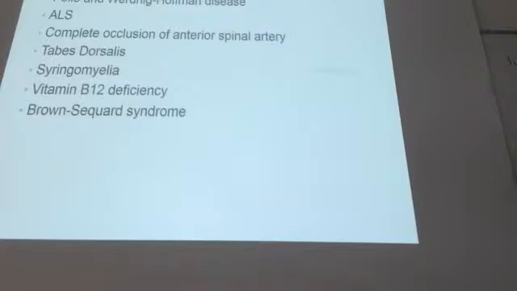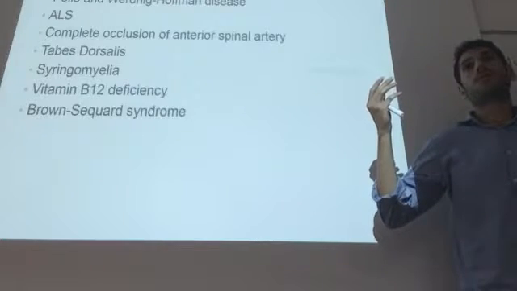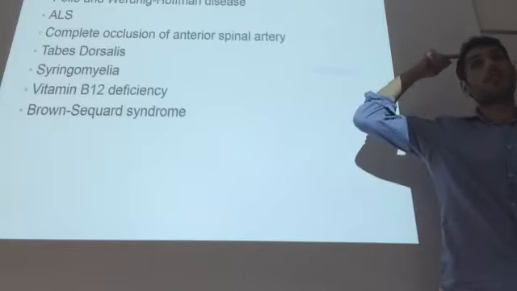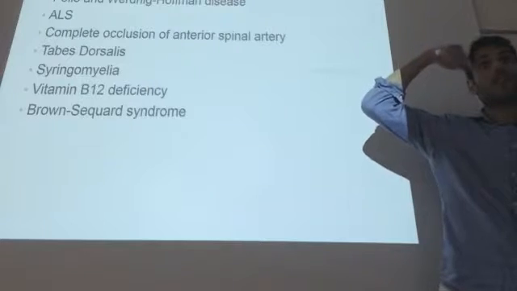Could you explain one more time why white and gray are upper and lower? Sure. Where does your upper motor neuron come from? The cortex. The cell body is located in the cortex, and then it travels down.